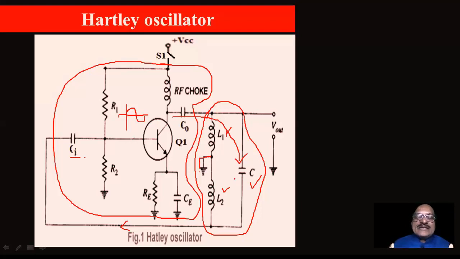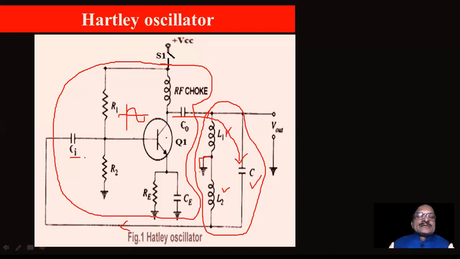So we must have sustained oscillations, so we have to provide energy to this tank circuit. For that purpose we are using an amplifier. Whatever energy is fed back to the amplifier gets amplified and is again given to the tank circuit so that the charging of the capacitor to the proper value takes place.